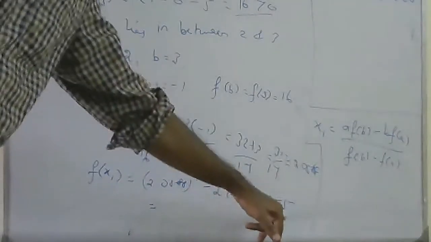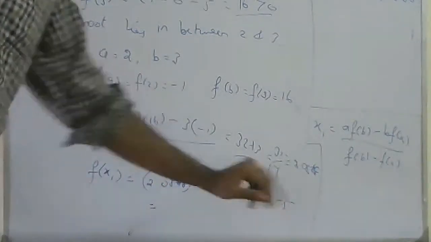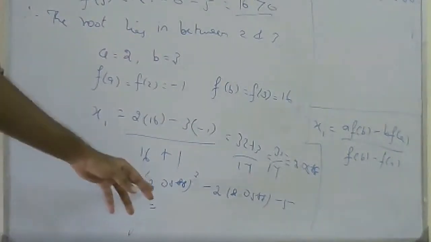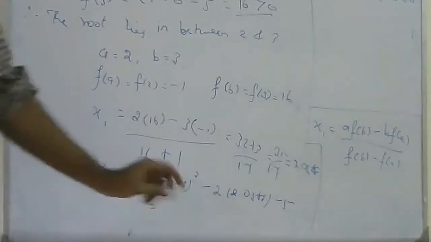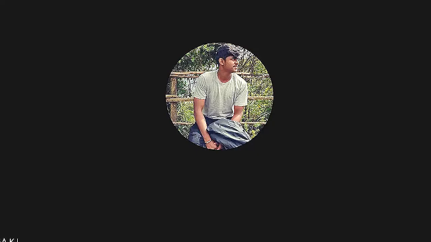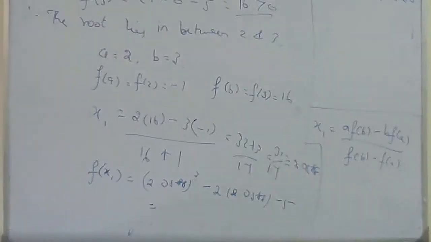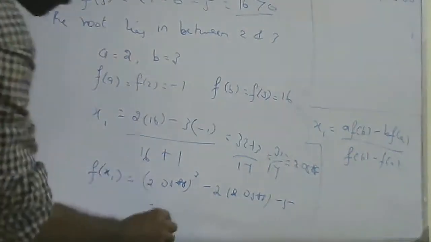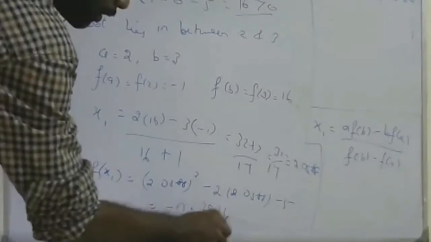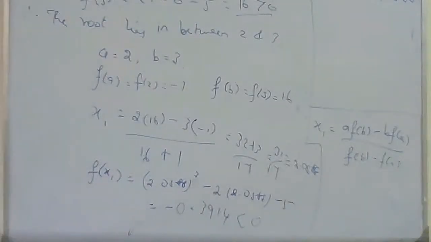I think this is 9 point something. If you subtract, it will be 8 point something, so the value will be negative. So minus 0.3910, sir. Less than 0, negative.